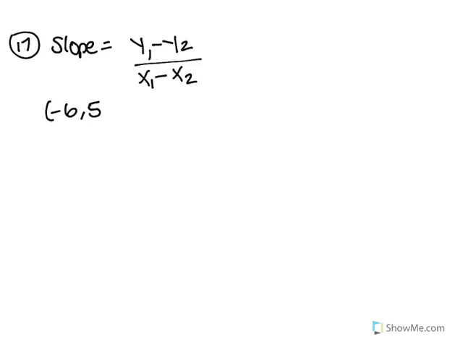(17) Find the slope of the line containing the pair of points. So this is asking you for slope. The slope says that you're going to subtract your y's over your x's. The 2 points given are -6, +5, and -1, +8.